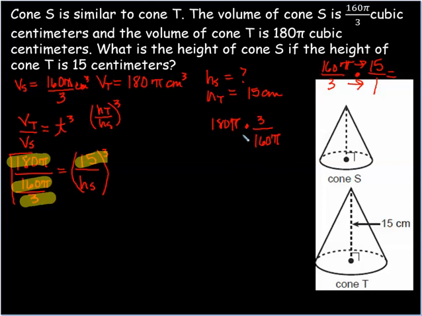Well, when I do that, my pi's go away. They reduce to 1. I get to cancel those out. So I'm left with 180 times 3 equals 540 over 160.